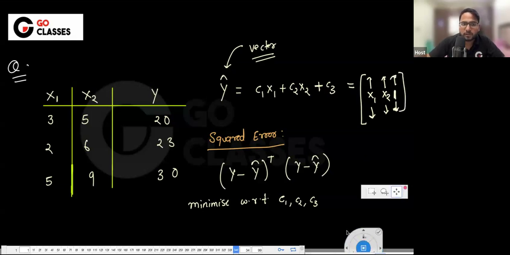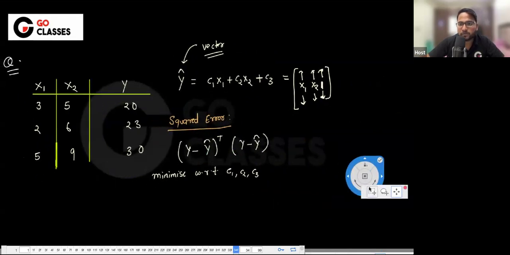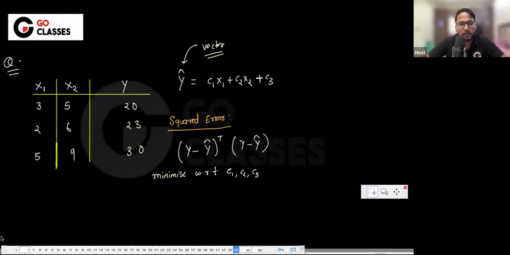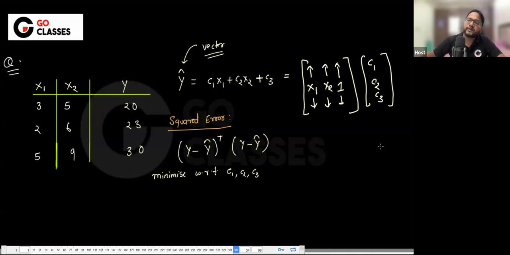Just a second, let me tell you what I'm trying to say. If you want, you can further expand this y cap like this: just x1, just x2, this is actually one, and this is C1, C2, C3. Is this fine to everyone?